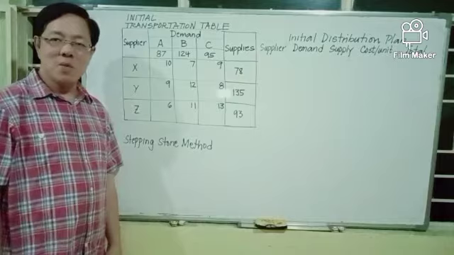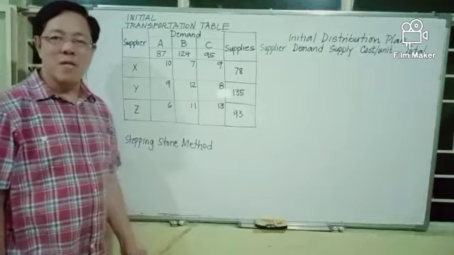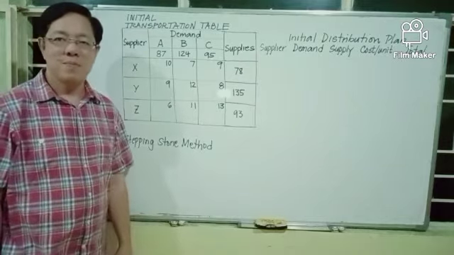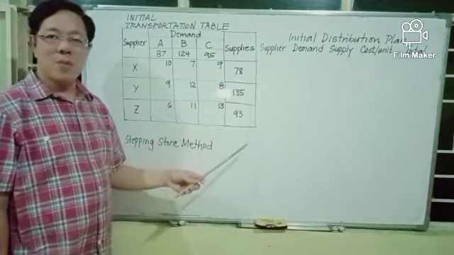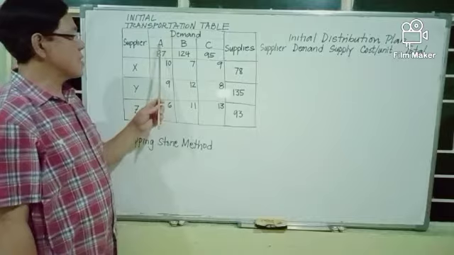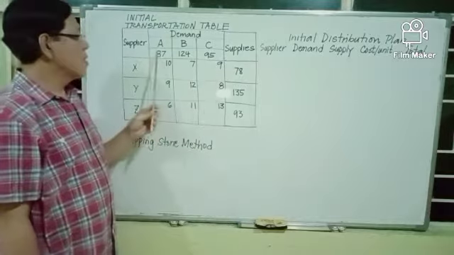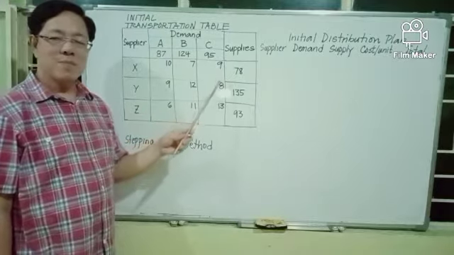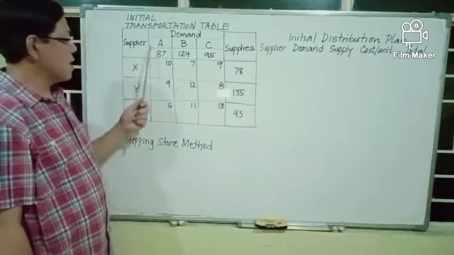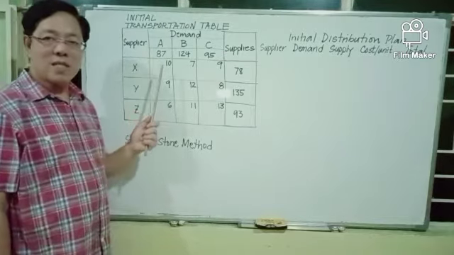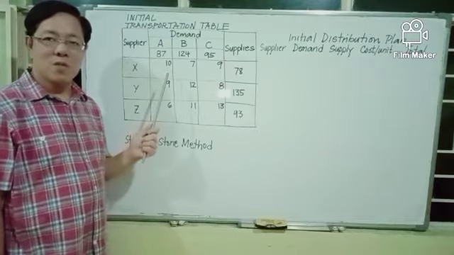Now we proceed with the stepping stone method, step 1. The first step is to distribute the supplies among these three customers A, B, C with these certain demands. The first customer is A, and we satisfy the demand of the first customer.